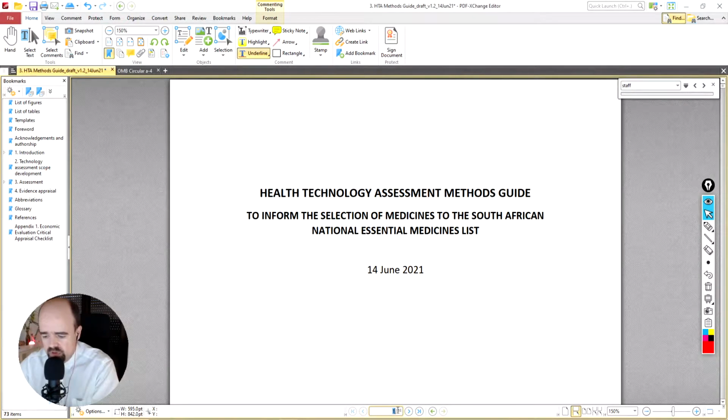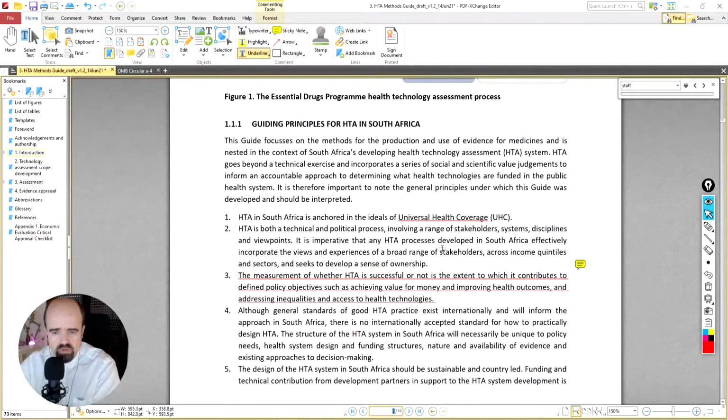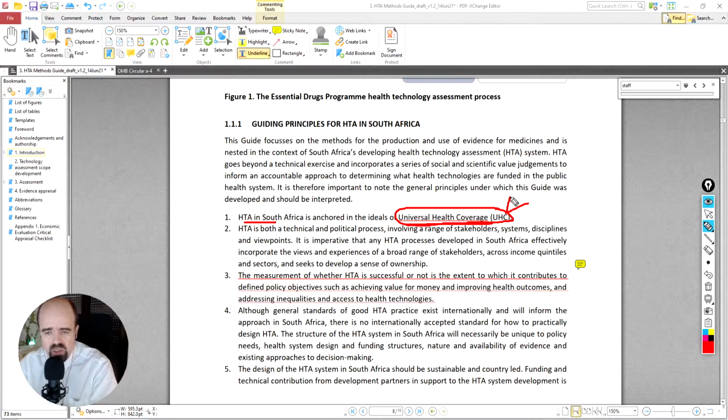The first observable indication of this is references to HTA in South Africa being anchored in the ideas of universal healthcare coverage, ensuring that no one is left behind, that everyone has access to basic healthcare services, funded through the state, through a network of state healthcare providers, but basically providing coverage for every single person within the political boundaries of South Africa.